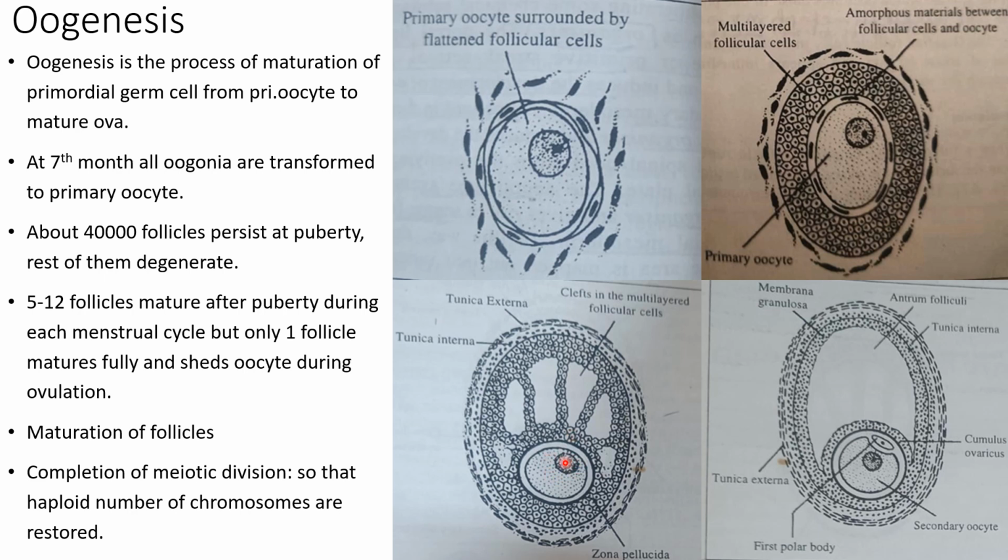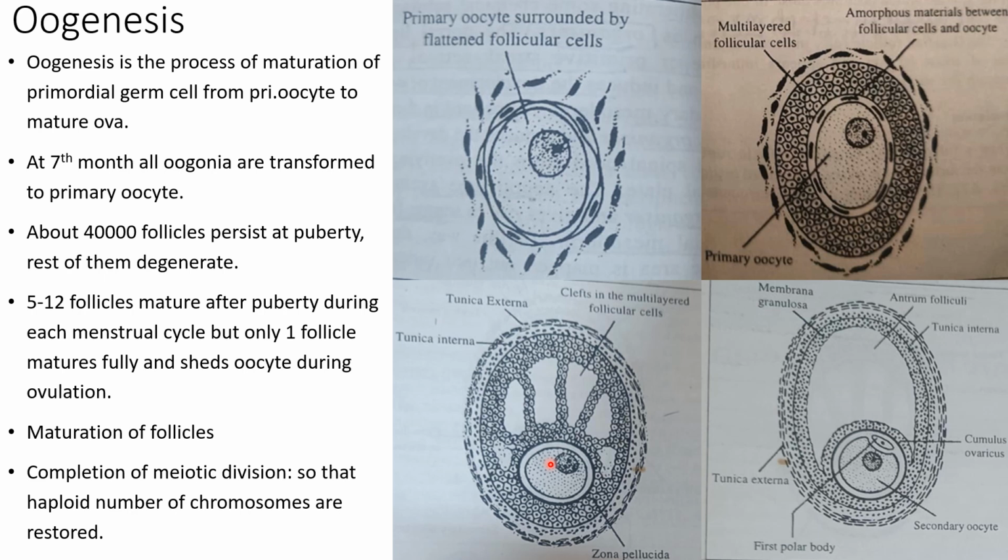After puberty, when the menstrual cycle is beginning and the follicles have started maturing, just before ovulation, the primary oocyte will complete the first meiotic division.